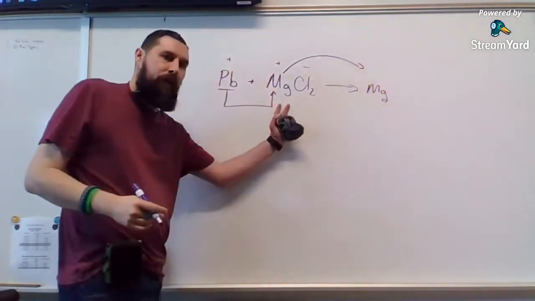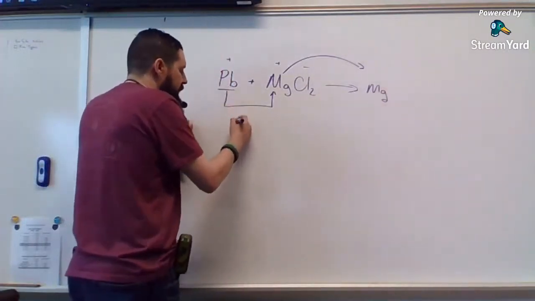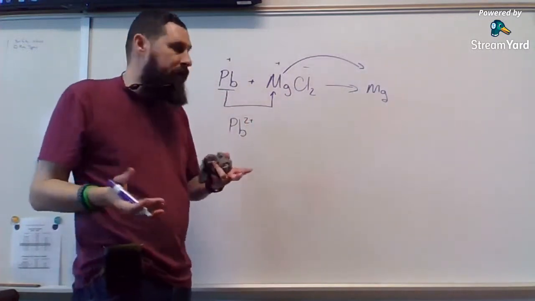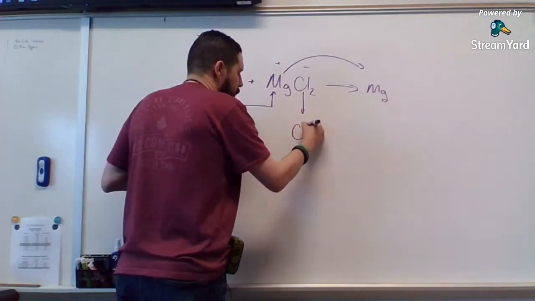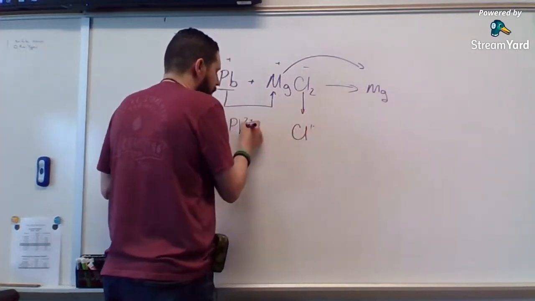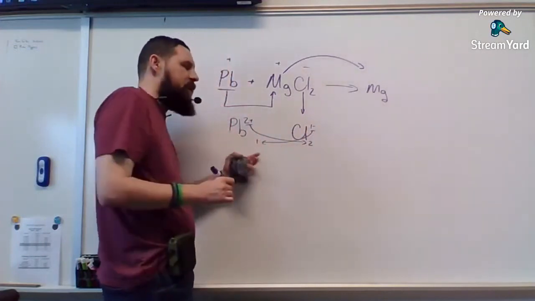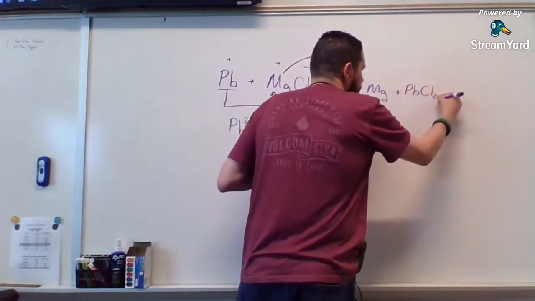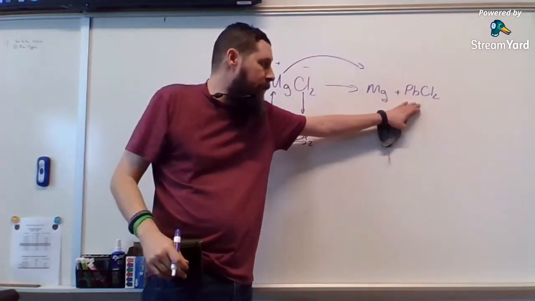So magnesium goes from being in a compound to being by itself. And now I would have lead, which in this example, we're just going to take lead to be a positive 2 or a 2 positive. And it's going to combine with chlorine as a 1 negative, crossover charges, Pb1Cl2. So lead 2 chloride is my new compound.